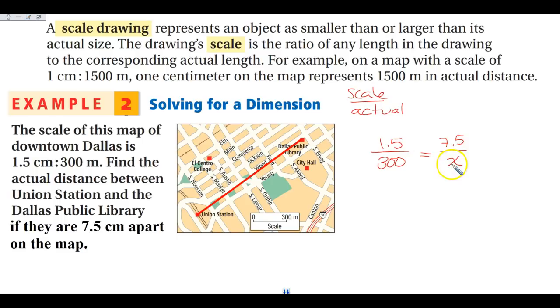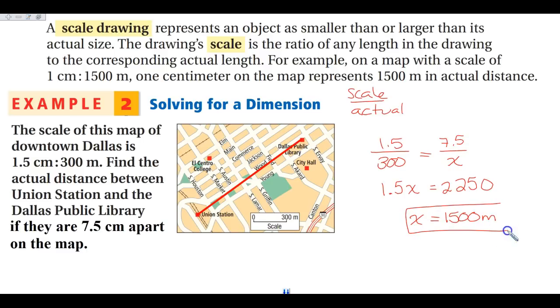From here, we can cross multiply. We get 1.5x, and 300 times 7.5 is 2,250. When I divide that by 1.5, x is going to be 1,500. Again, this is the actual length, so our actual unit was in meters.